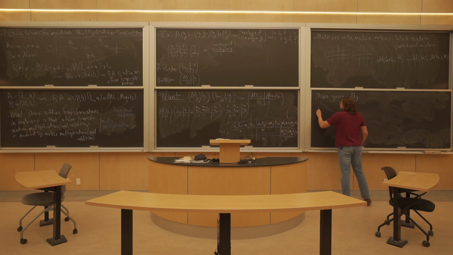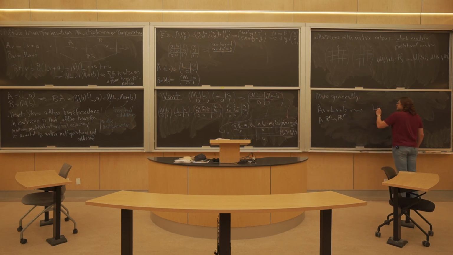So AV equals LV plus B can be stored in A, which is L B 0 1. Now this is an n plus 1 times n plus 1 dimensional matrix. Okay.